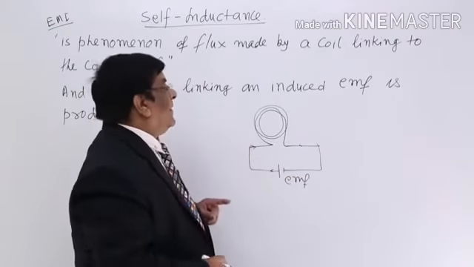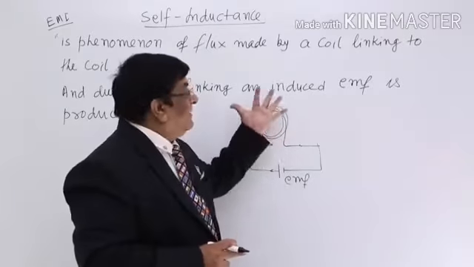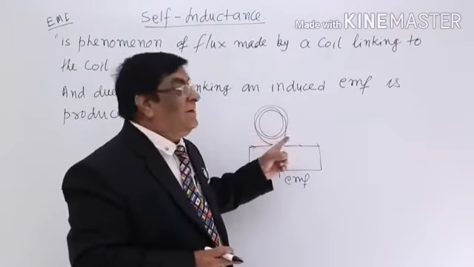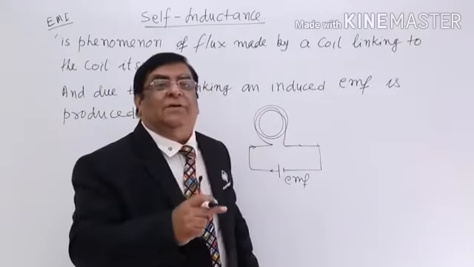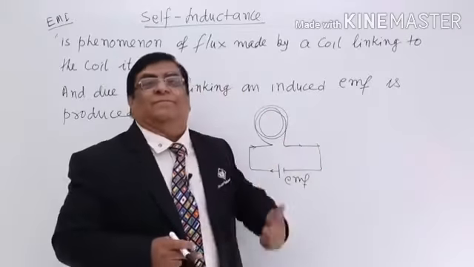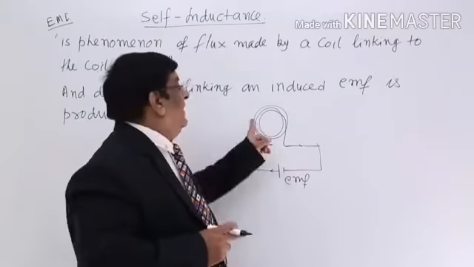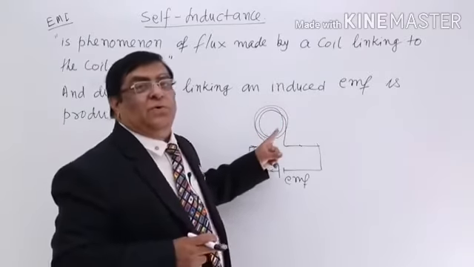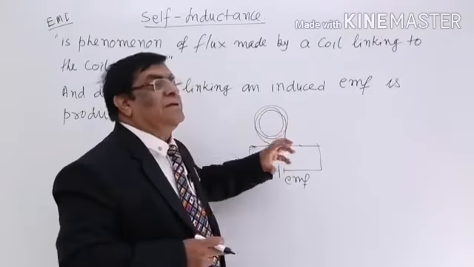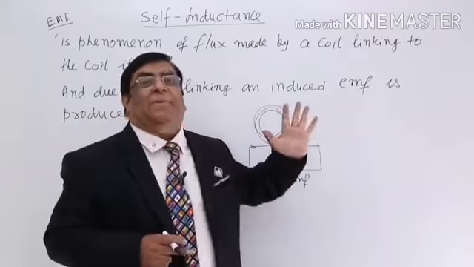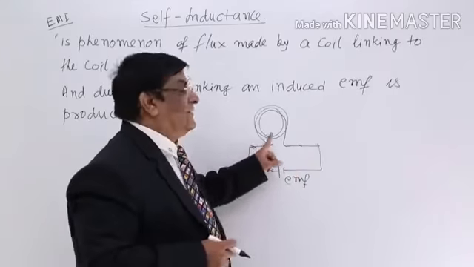Okay. Now what happens? Step number two. That magnetic field is produced here and there is a coil here. So the magnetic field links with the same coil and that is flux linked with this coil. Now there is a change in the current.